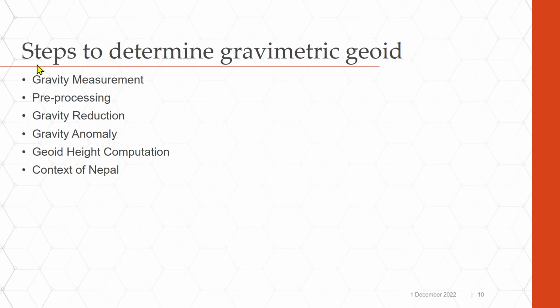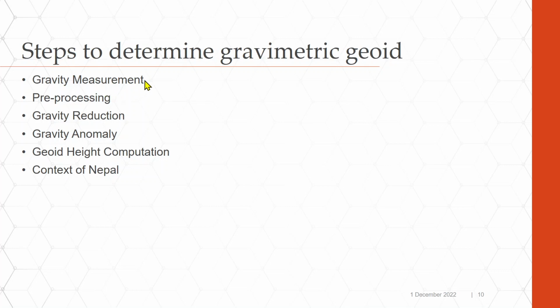There are various steps to determine a gravimetric geoid. The first one is gravity measurement. You carry out either absolute gravity measurement or relative gravity measurement in the field. Actually, absolute gravity measurement is done first, followed by relative gravity measurement, for the purpose of producing a gravity dataset to determine the gravimetric geoid.